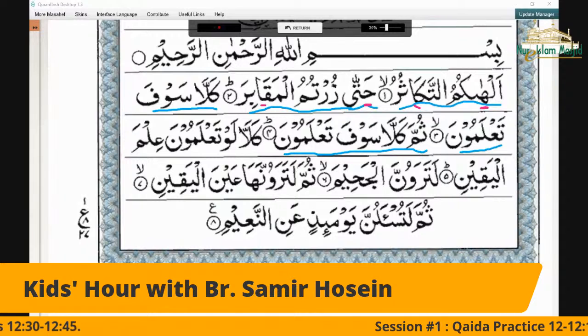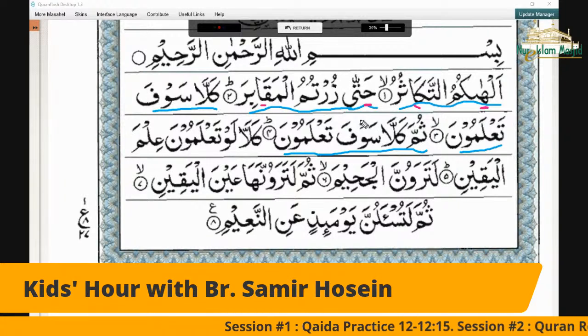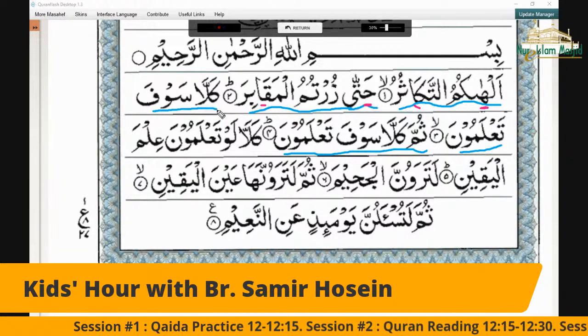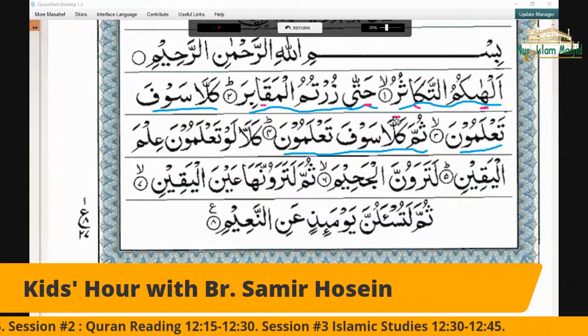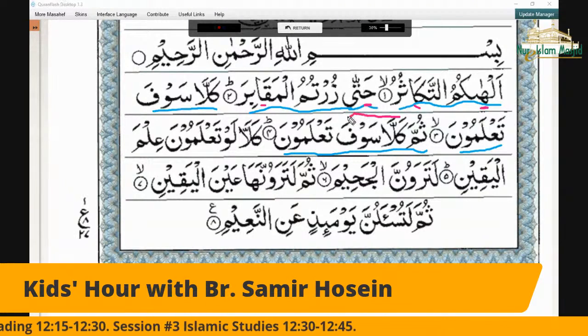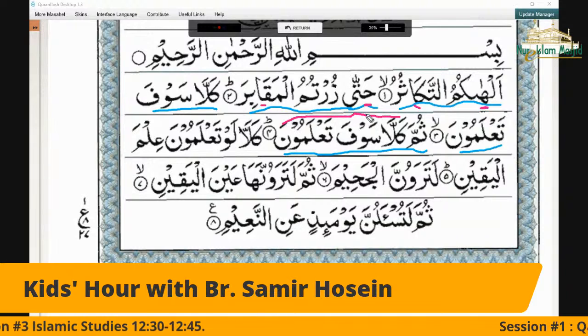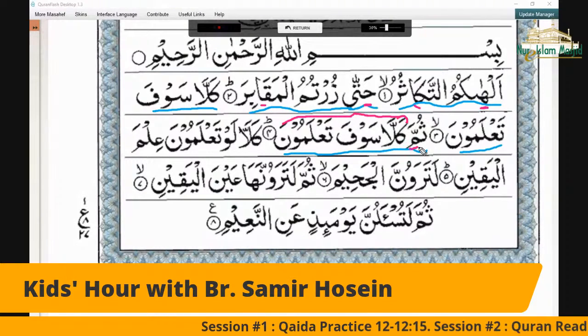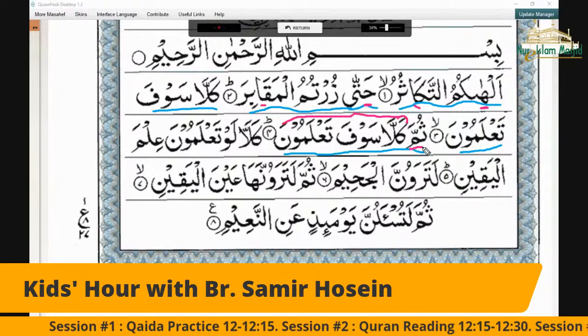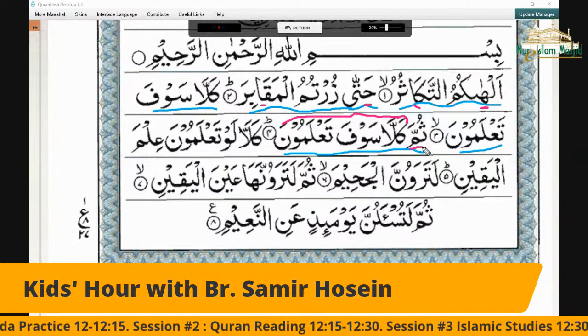Very good. So just to check, right? The previous verse was kalla sawfa ta'lamun. And then this part here is also kalla sawfa ta'lamun. So the difference is this first part, which is thumma. So when we add thumma and then we recite the verse, thumma kalla sawfa ta'lamun.